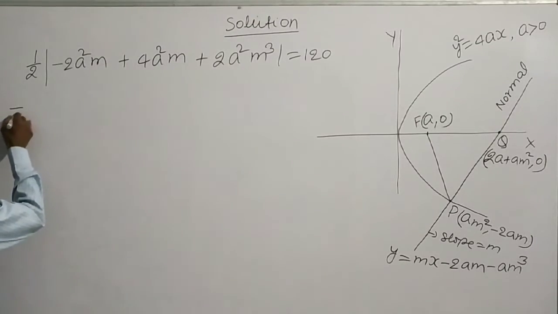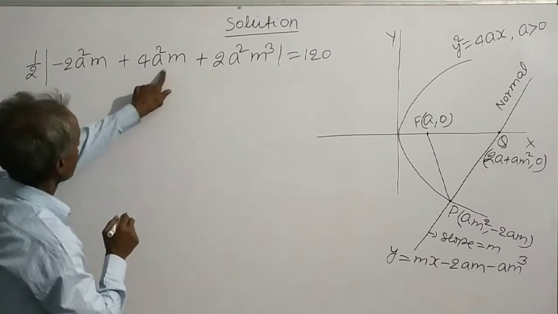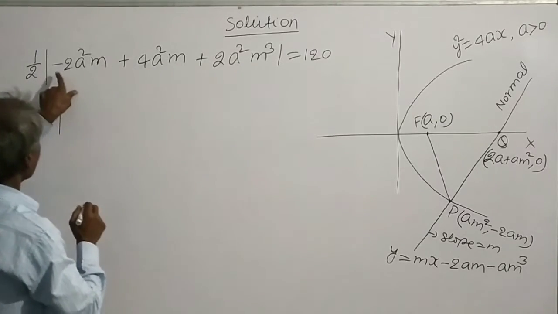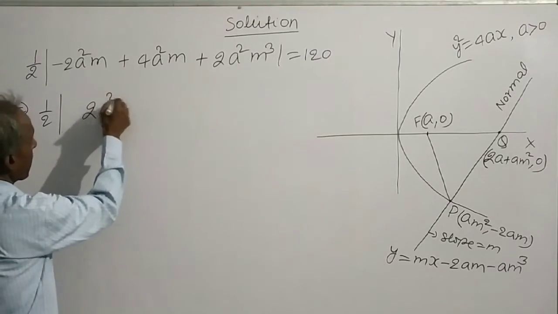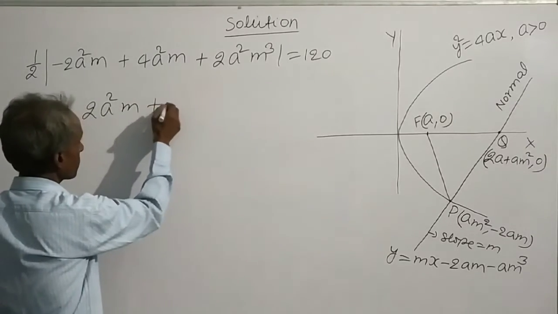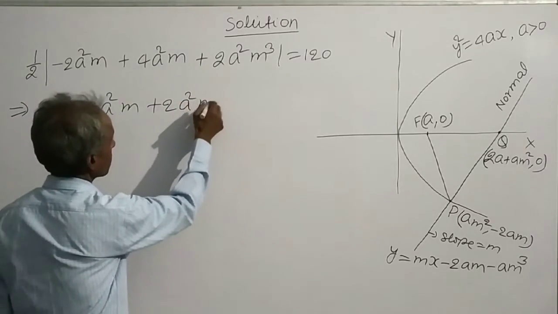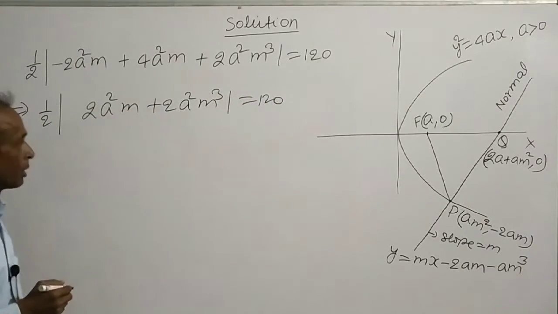This implies 1 by 2 times mod of 4a square m minus 2a square m plus 2a square m cube is equal to 120.